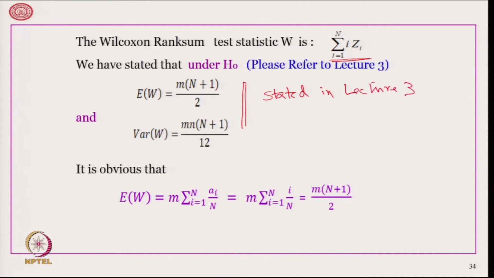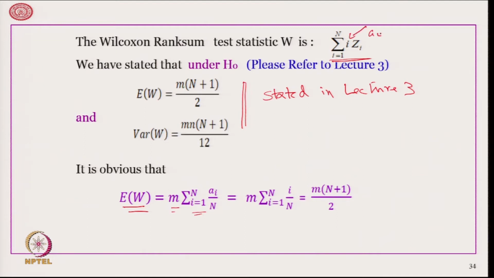Now, let us prove it. Expected value of W is equal to m times Σ_{i=1}^{N} a_i upon N. This we have just found out. Now, replace a_i with i, because that is the value of a_i in this summation.